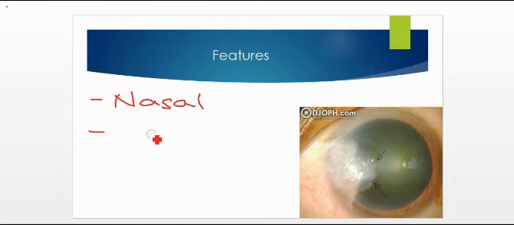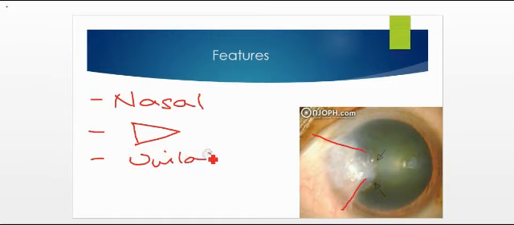That wing shape happens to be triangular. At times it is unilateral, and at times it is bilateral. So these are the important things: nasal side, triangular, unilateral or bilateral.